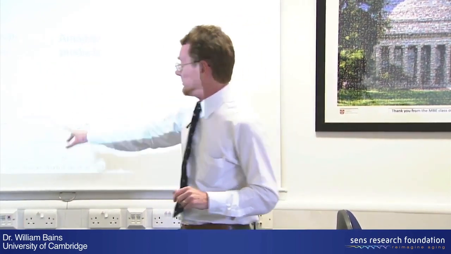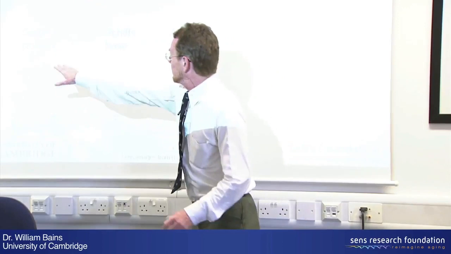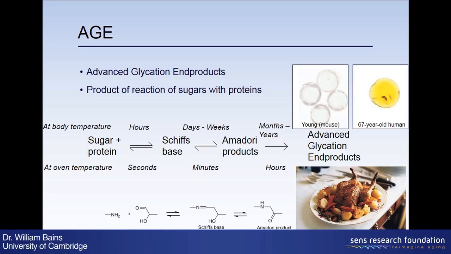So, sugars and proteins over the far side, the amino group here representing an amino group on proteins, this representing a sugar, react to form a Schiff base. This is a Schiff base structure, and then this can convert to what's called an Amadori product. This whole reaction is called the Maillard reaction, after the chemist who first described it in detail.